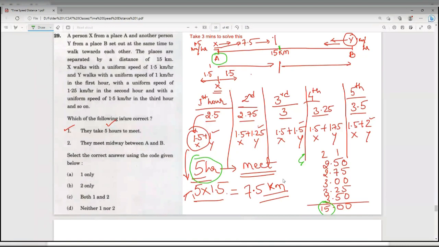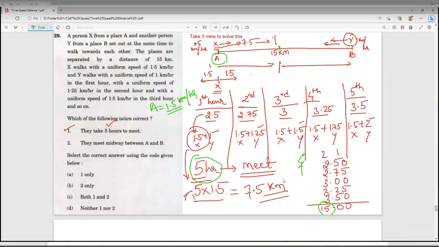We cannot use B because B's speed is increasing every hour: 1.25, 1.5, 1.75, 2. So to simplify this, we are taking the speed of A. A is actually traveling at 1.5 kilometers per hour, and this speed is not changing. This is always the same. And they are saying they are going to meet in 5 hours.